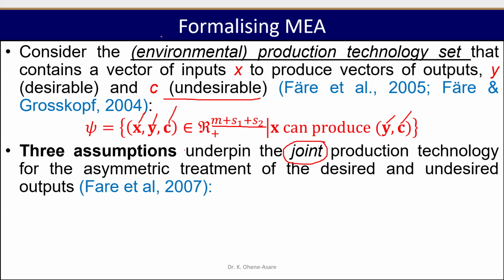Ben, Susan. What are we jointly producing? The outputs. Yeah, what are they? The good and the bad output. That's it. The good and the bad output, they come along together. It's like twins. Once this one comes, this one is coming. So that's why I say joint production technology.